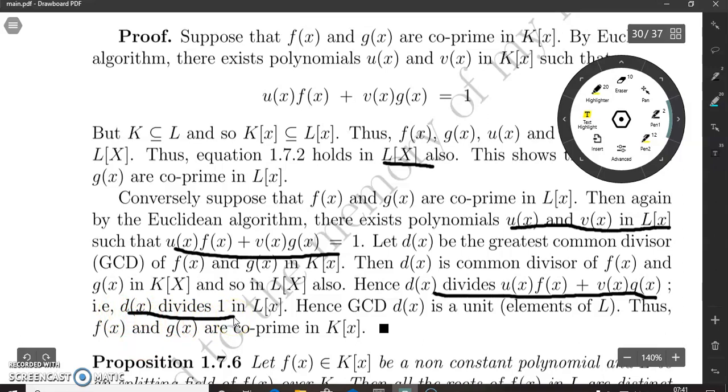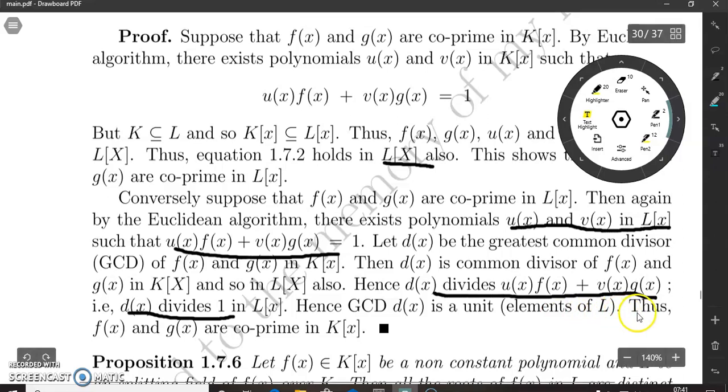It means d(x) is a unit. So we can say that the GCD d(x) is a unit. Remember the notion of unit.